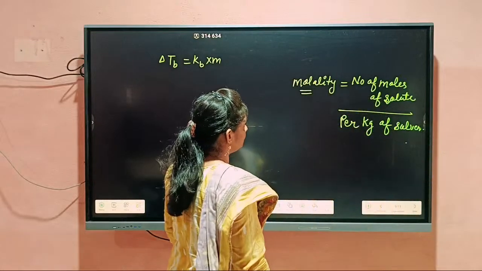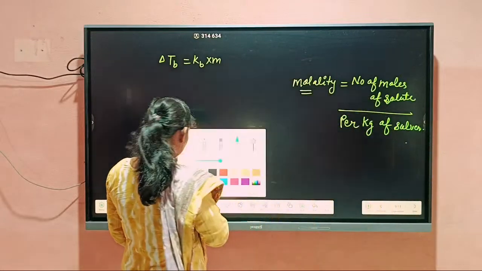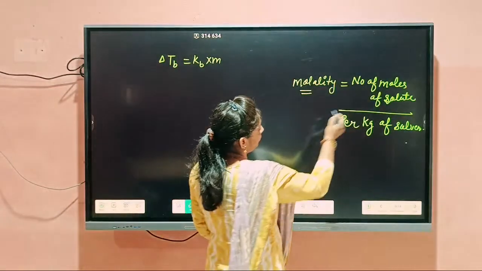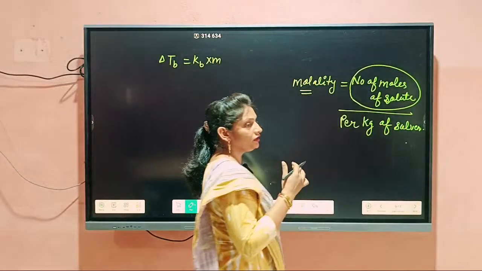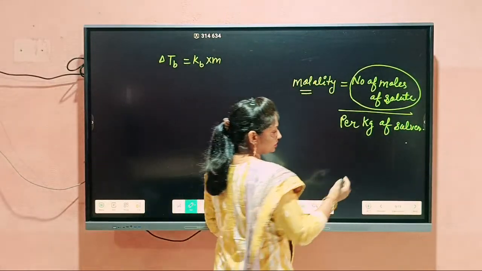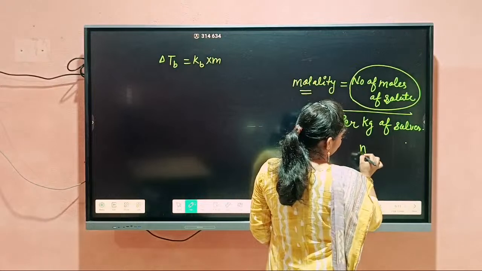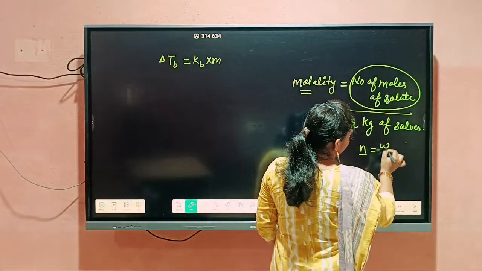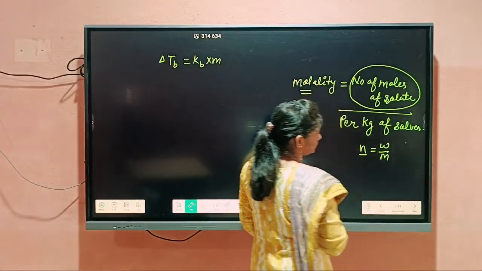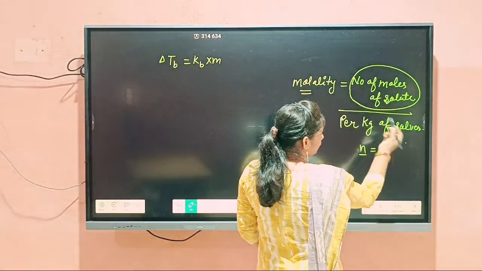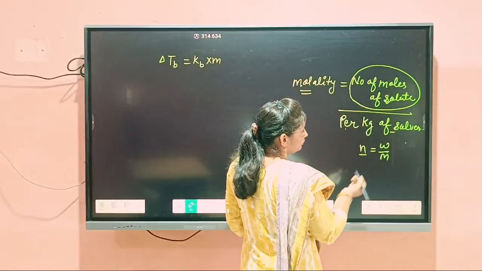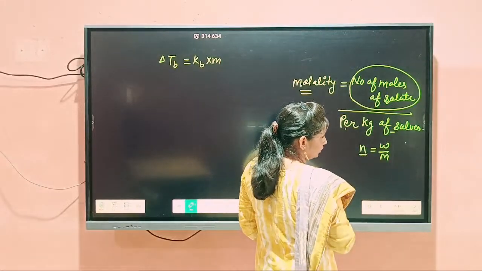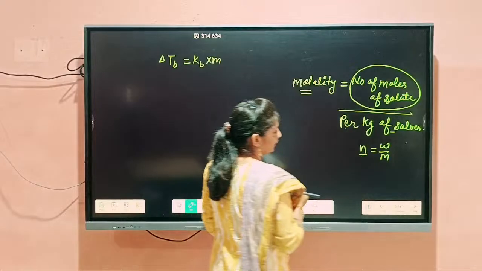Okay, let us consider you have the mass of solute. So you can convert given mass into moles by this formula: number of moles is equal to given mass by molecular mass. And if you have the amount of solvent in gram, you can convert gram into kilogram by dividing it by 1000.